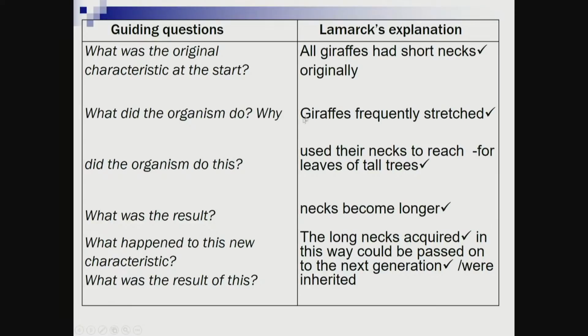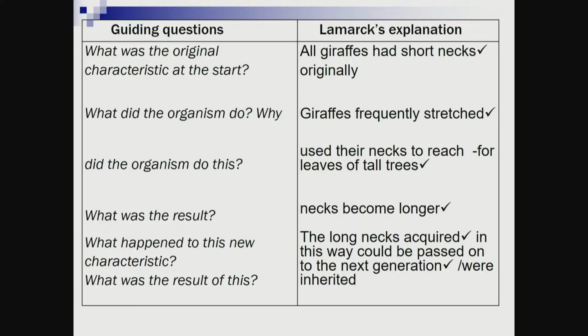And then the learner has to take the example and apply the example to the guiding questions. So this must be practiced at school and in class, where you have a lot of examples and explanations. They must explain Lamarck's theory in a certain way, on a certain example.